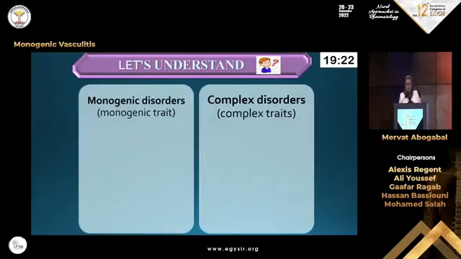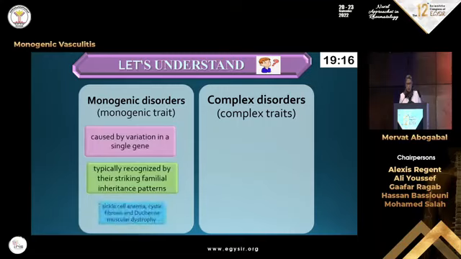At first, let's understand the difference between monogenic disorder and complex disorder in general. A monogenic disorder requires a single gene variant to produce its phenotype, its clinical manifestation. Usually, a monogenic disorder has a strict Mendelian inheritance pattern, like sickle cell disease, cystic fibrosis, and Duchenne muscular dystrophy.